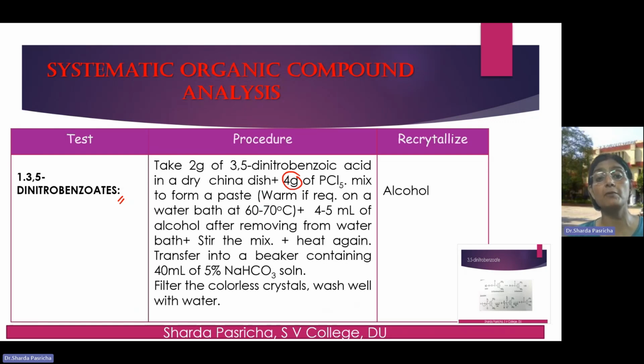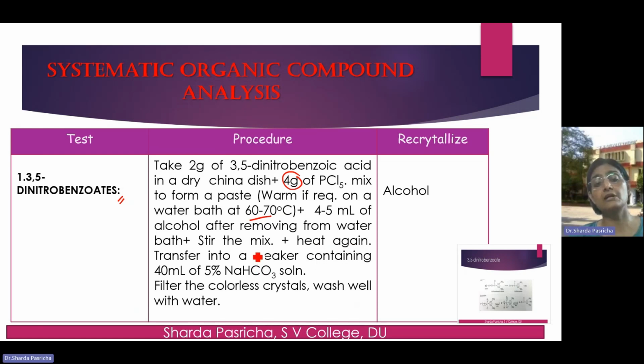If it doesn't form a paste on mixing for about 5 to 10 minutes, then preheat water to about 60 to 70 degrees. Take it outside the lab, dip your china dish in this hot water bath, and slowly you will find that the mixture will liquefy. Once you get that liquid, add 4 to 5 ml of alcohol after removing from the water bath. Stir the mixture well and then heat it again on the water bath at 60 to 70 degrees for about 10 minutes.